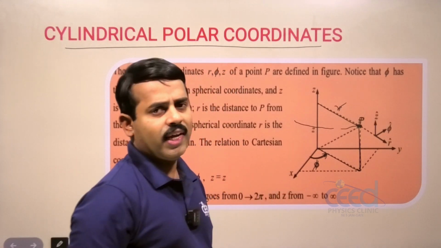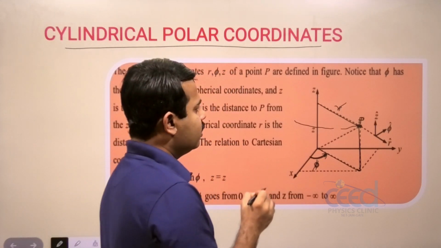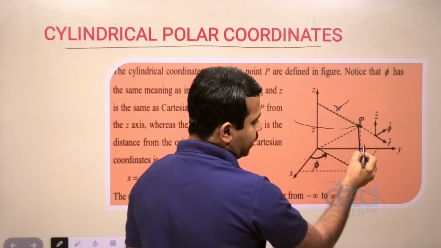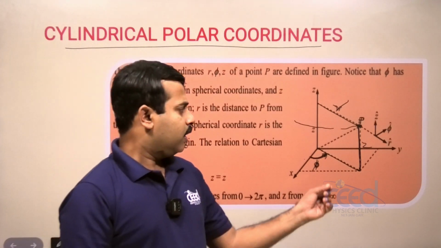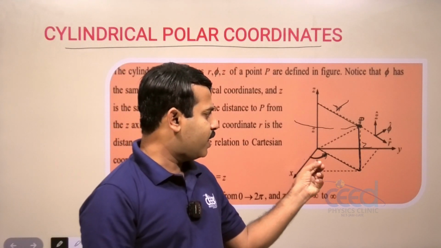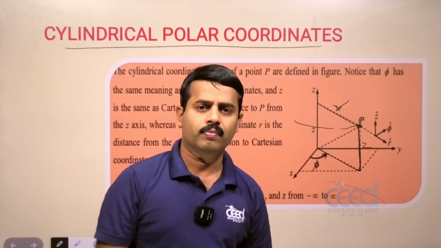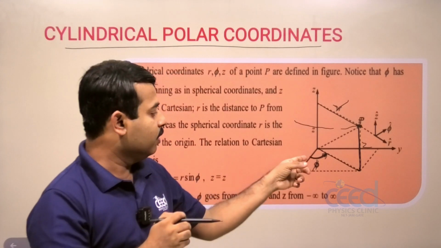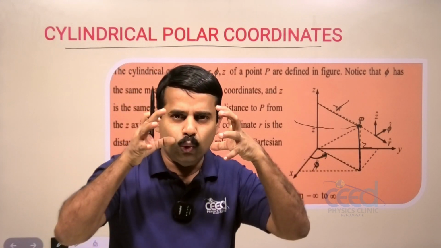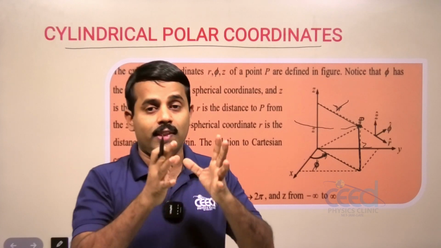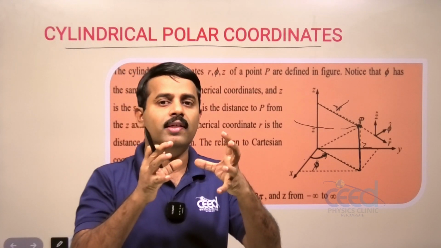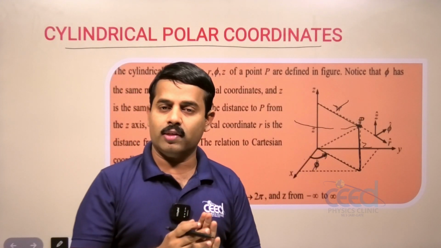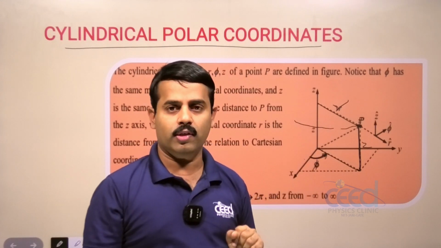Now look into this diagram. If I consider this radius r, this phi, and this height z, then for a particular point, we define these three parameters, and that is unique for that particular point. That means these three coordinates are essential to define this particular point.